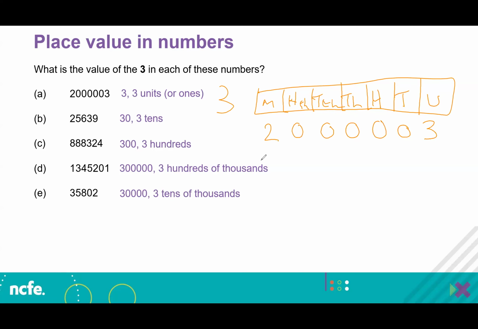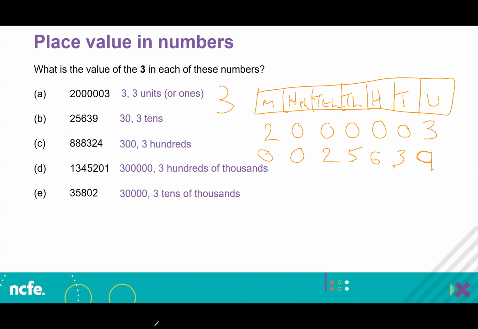For the second one, 25,639: 20,000, 5,000, 600, 30, and 9.